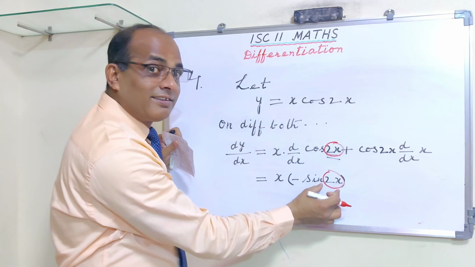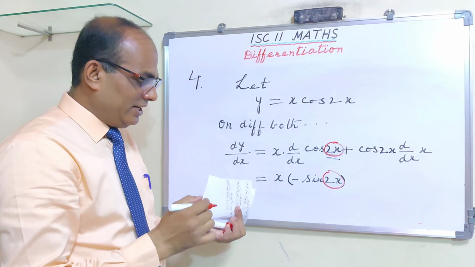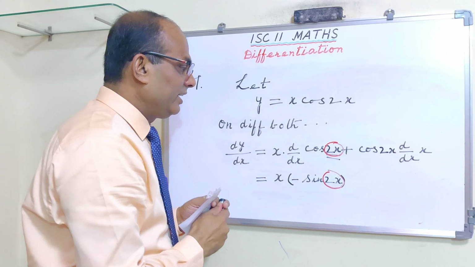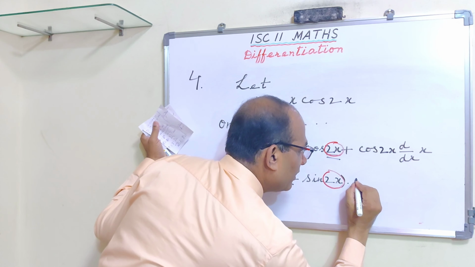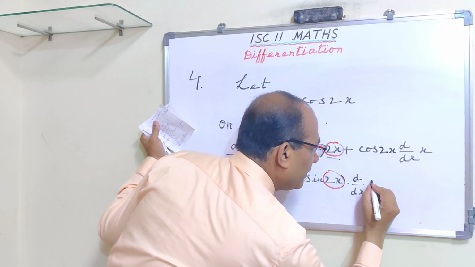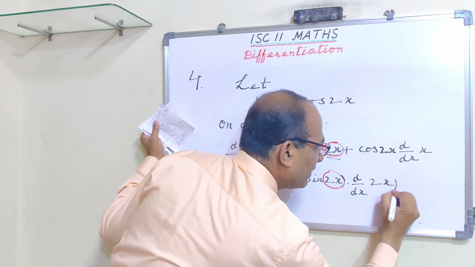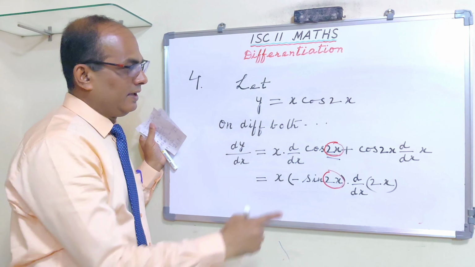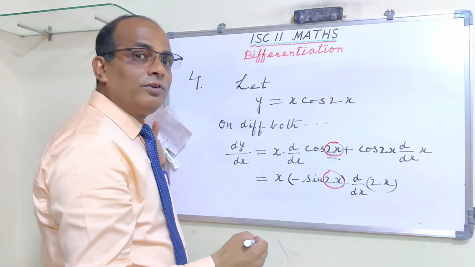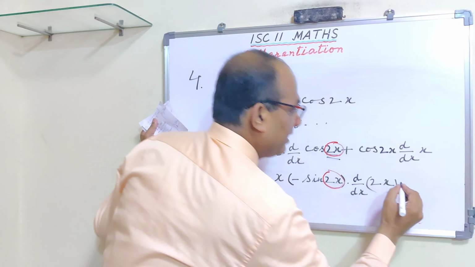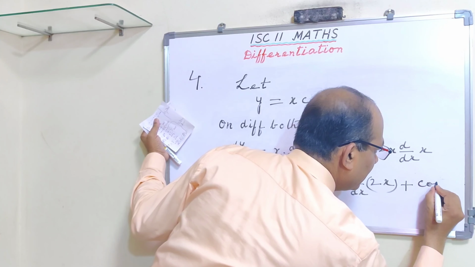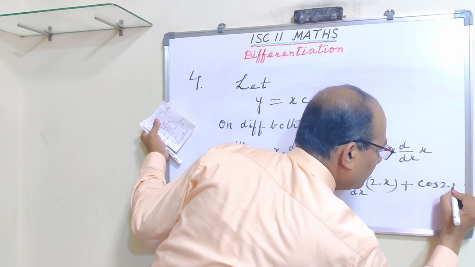But this is not x, so once again we differentiate what we are supposing as x. Therefore we write d/dx of 2x, because we suppose this 2x as x. So that 2x we are once again differentiating, and the cos 2x stays as it is.